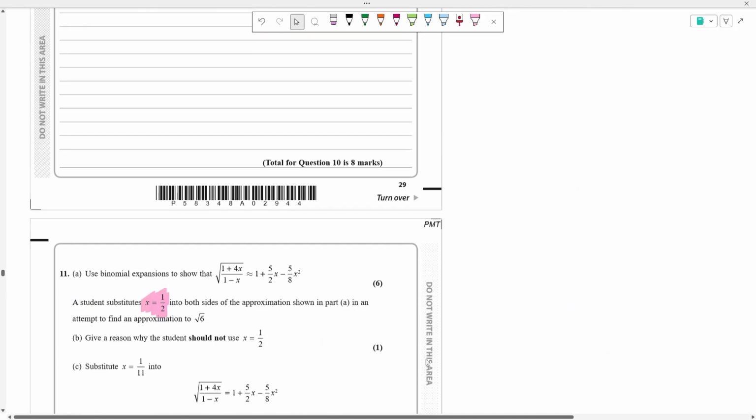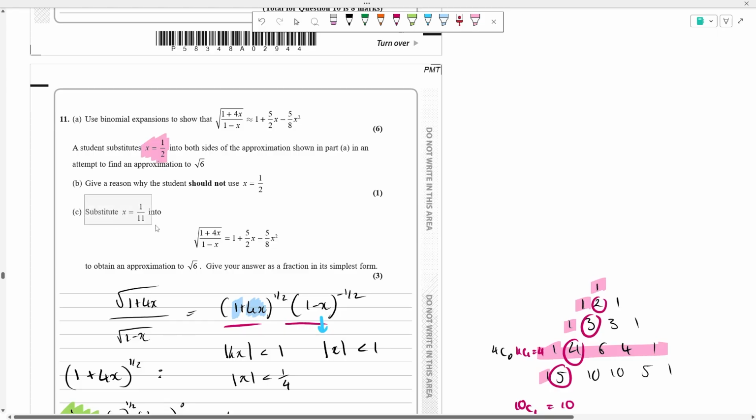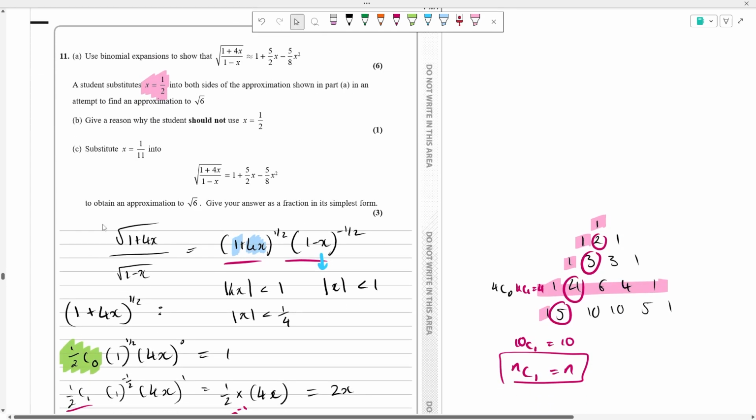Perfect. Part C. Substitute x equals 1 over 11 into this to obtain an approximation for root 6. So what we're going to do is put x equals 1 over 11 into this formula here.